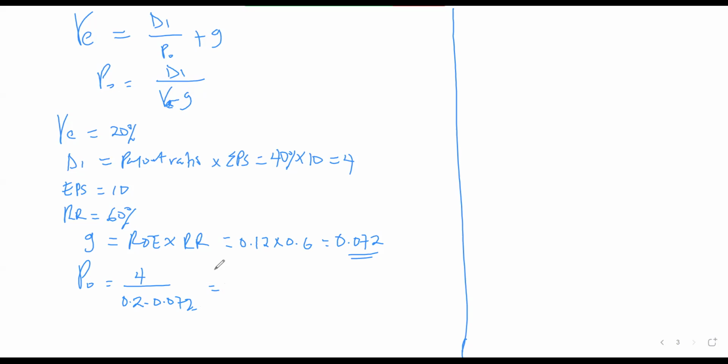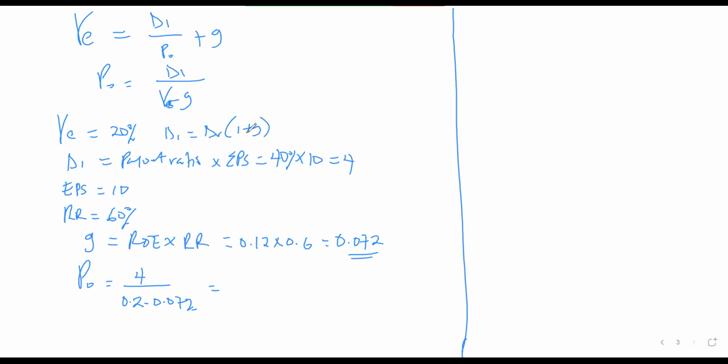So the lesson that I want us to get here is the computation of growth rate. Sometimes you are not given the growth rate, but you are given information that will help you to calculate the growth rate. The other thing is the dividend. Most often we know D1 is equal to D0 times 1 plus growth rate, isn't it?